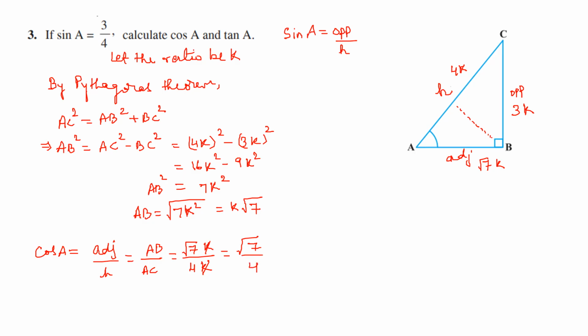Now next you have to find tan A. So tan A is opposite by adjacent. So opposite is 3k and adjacent is root 7k. Again k and k cancel. So tan A value you will get as 3 by root 7. Okay. So this is the value of cos A and tan A. Now moving to question number 4.